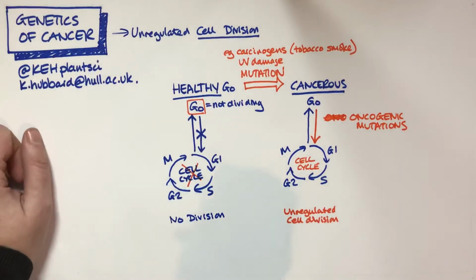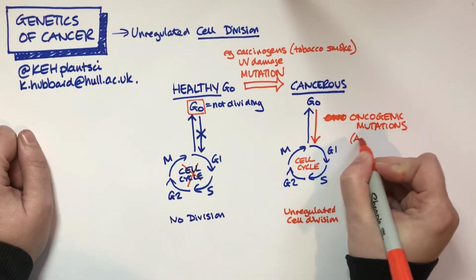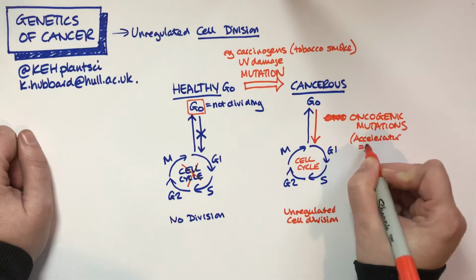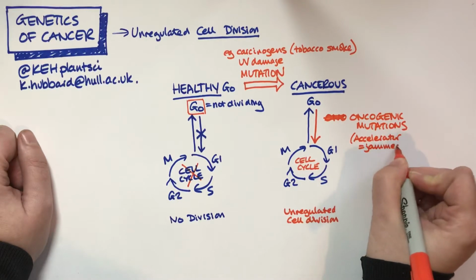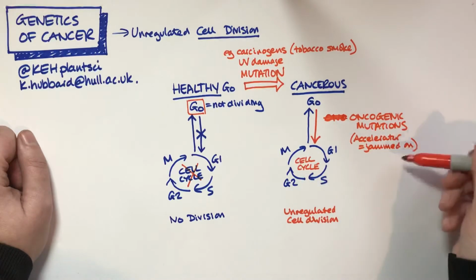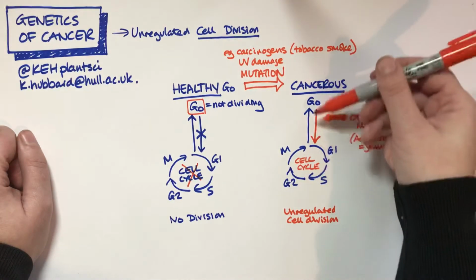If we think of an analogy of a car, and is a car going to crash, oncogenic mutations would be where the accelerator is jammed on. So the accelerator is jammed on, and you're more likely to go from G0 into G1.